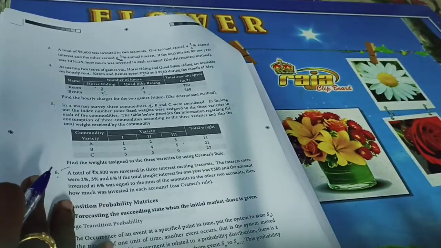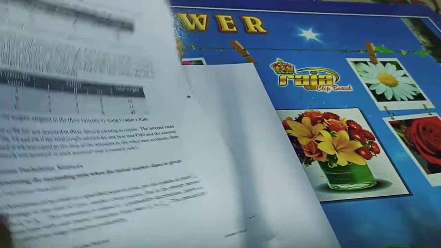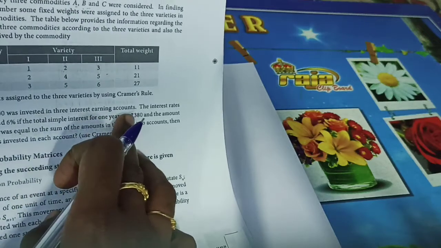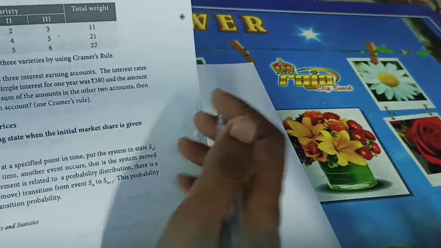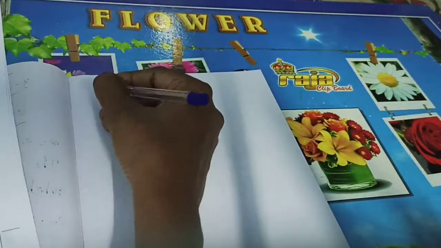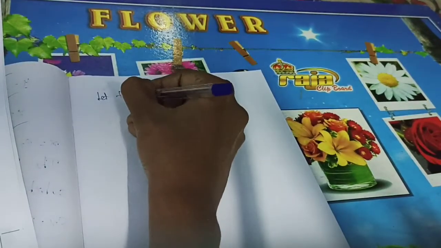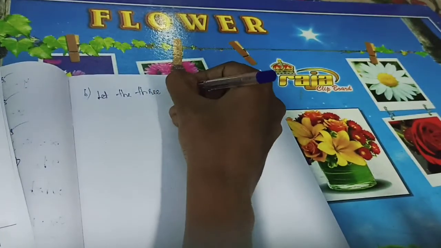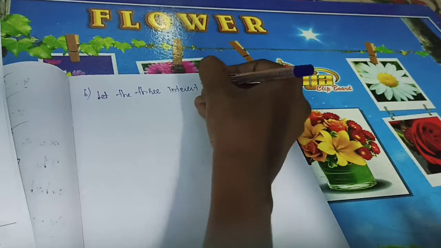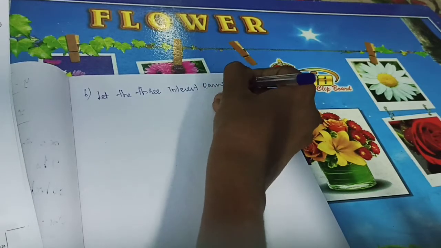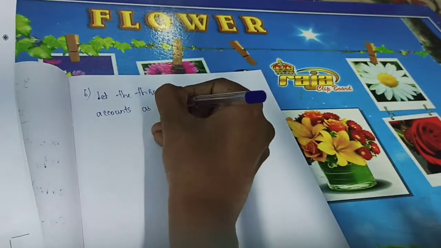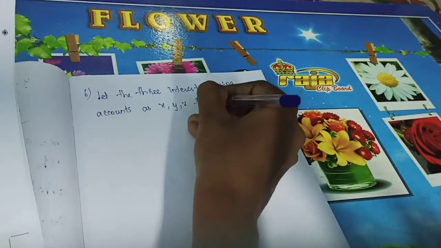In the sixth question they said a total of 8500 was invested in three interest earning accounts. So let the three interest earning accounts be x, y, z respectively.